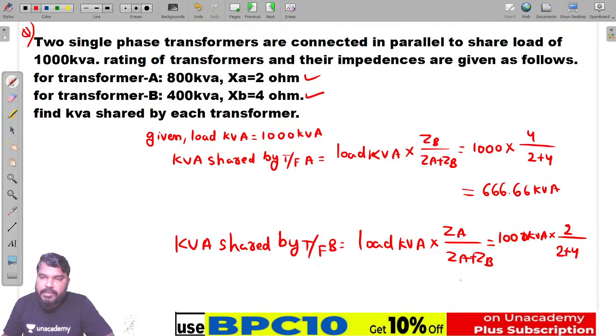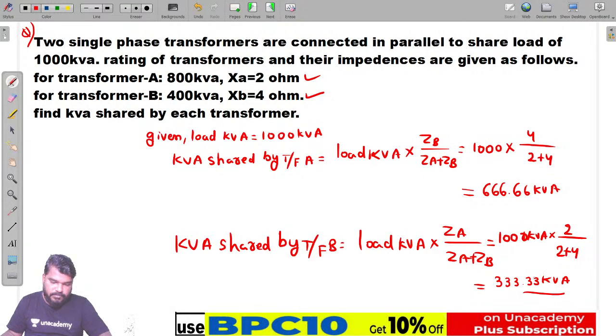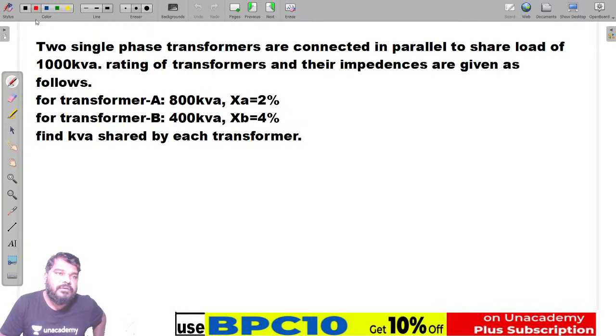Good. And the other value is equal to 333.33 kVA. Yes. Okay, next solve one more question based on this same concept.